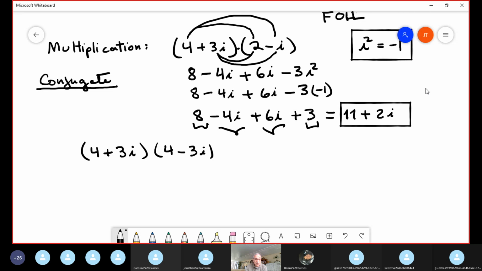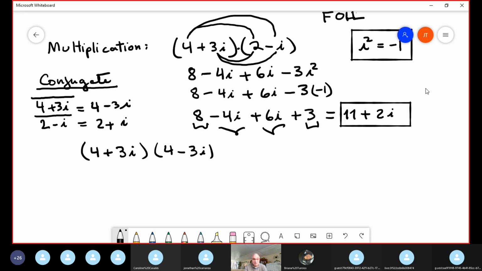So the complex number 4 plus 3i, the symbolic way to indicate conjugate is the bar, is 4 minus 3i. Suppose 2 minus i, conjugate is 2 plus i. So the real part stays the same sign, but the imaginary part changes. This is important. I want to explain now why the conjugate idea is super important in division.